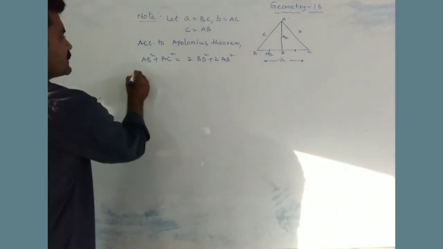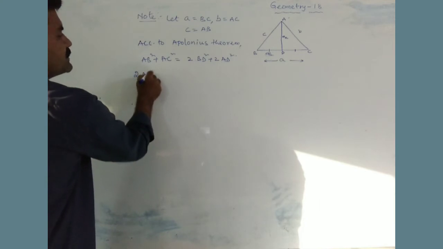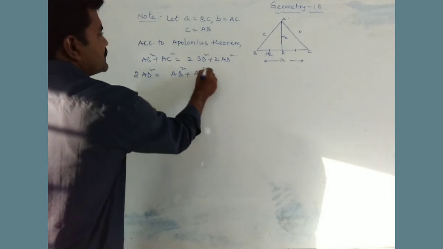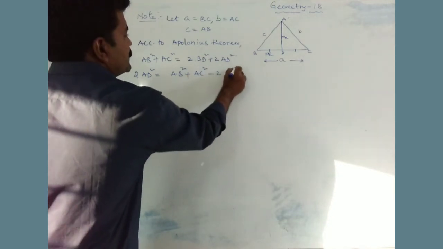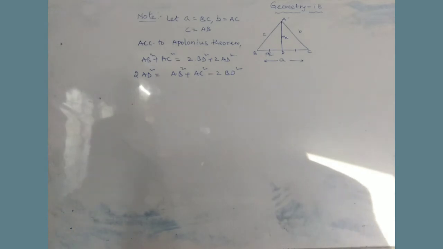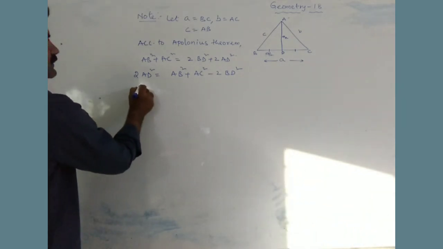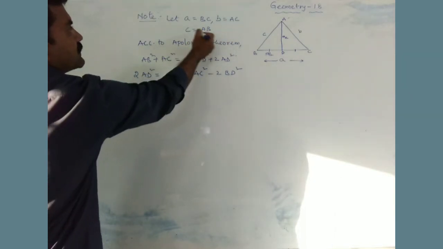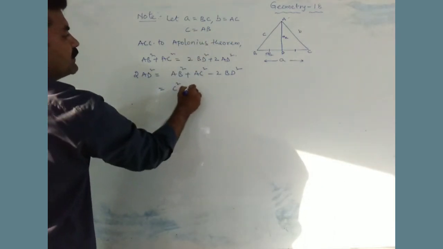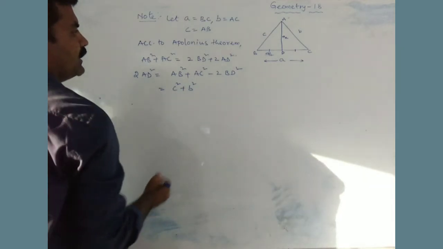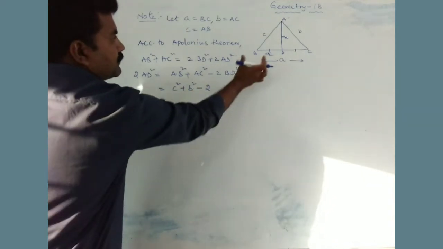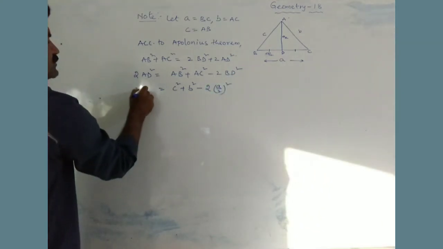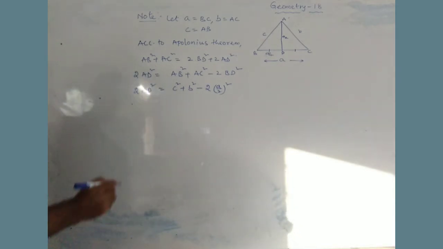From this, 2 into AD square is equal to AB square plus AC square minus 2 into BD square. AB is nothing but small c, so c square plus b square minus 2 into (a by 2) whole square, which is equal to 2 into AD square.